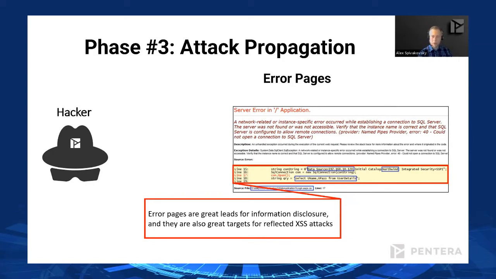But they are also a great platform to create reflected cross-site scripting attacks, because usually if I send some text to be processed on the server side, and the server side returns an error page, in many cases it will also print the text that we've sent in our request.